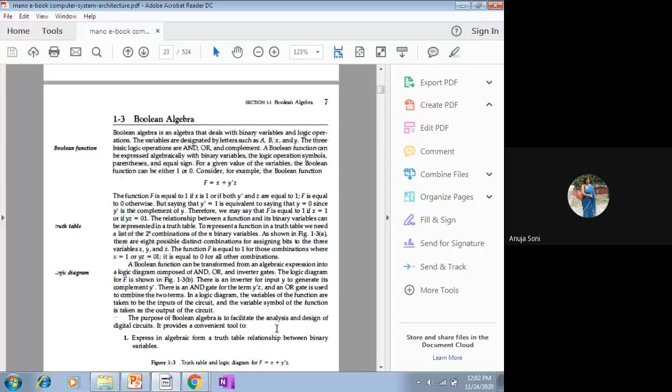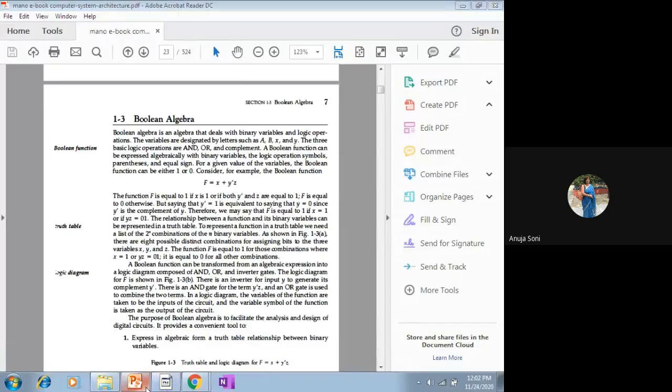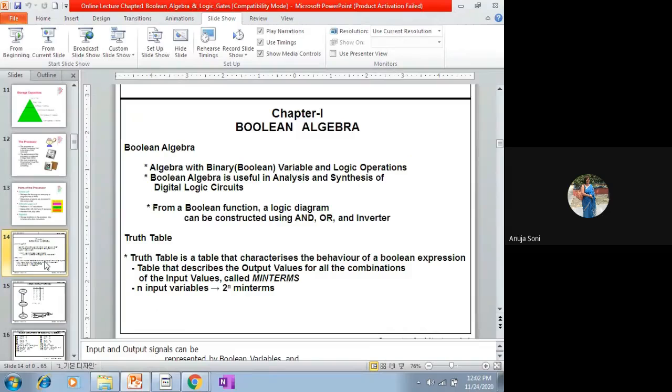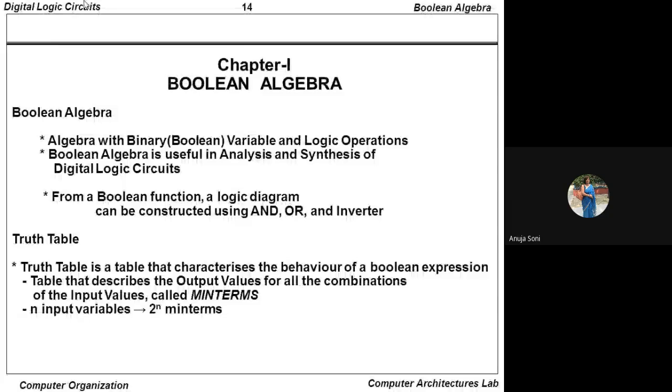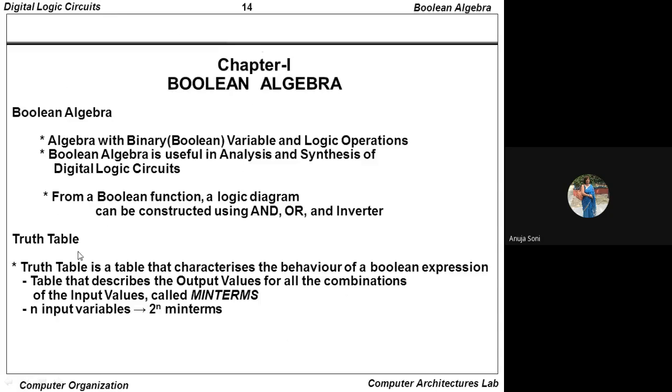Now we come back to our PPT specifically for the topic Boolean algebra. So we were talking about Boolean algebra, and parallelly we were talking about the truth table, Boolean expression, and logic diagram. What is a truth table?